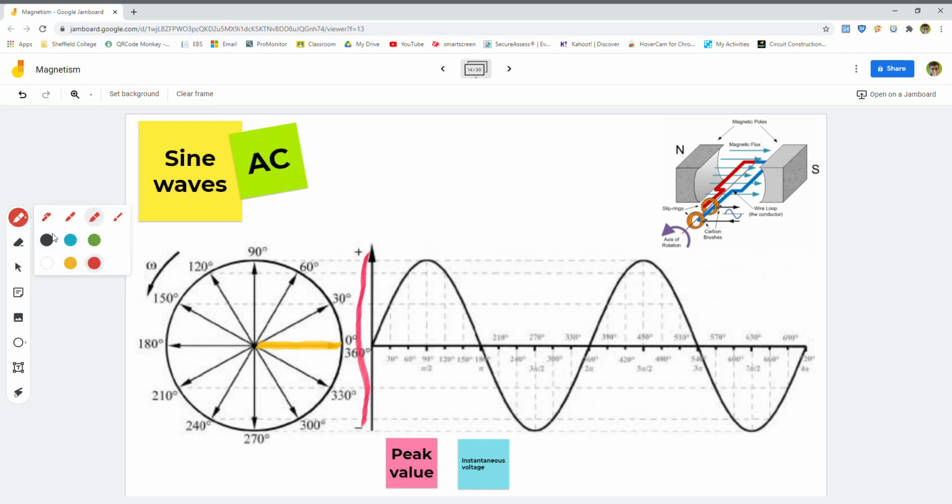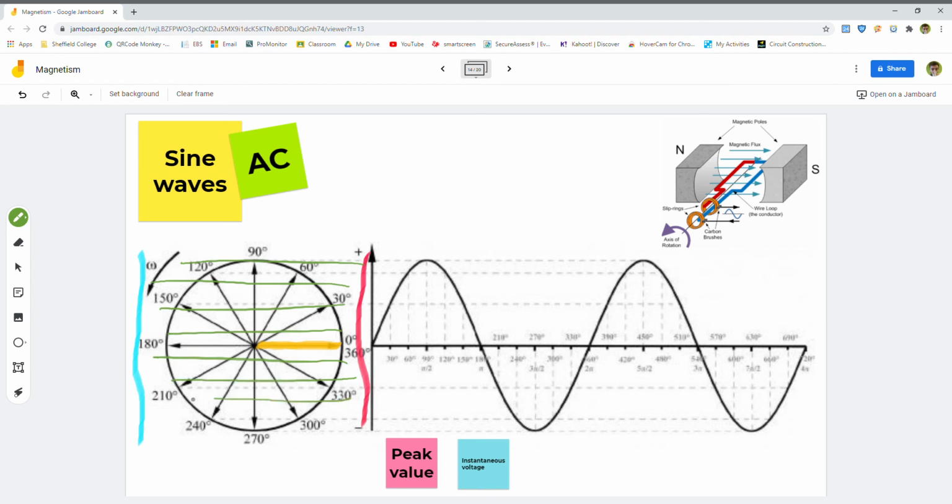So we've got a north magnet there and a south magnet there, and in between those we've got lines of magnetic flux going from north to south. So we've got those lines of magnetic flux.